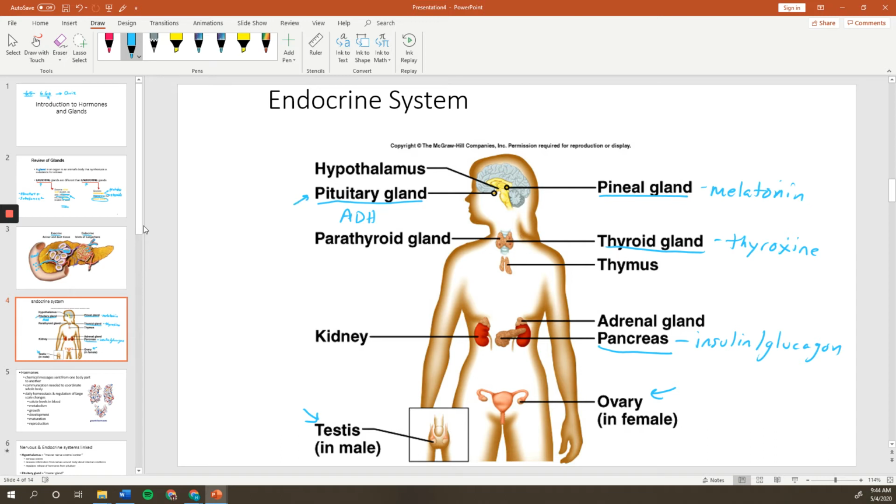It's kind of the master gland. The hypothalamus isn't part of the endocrine system itself, but it works in conjunction with the pituitary gland. It is part of the nervous system, and these two things work together to control all of the other glands in your body.